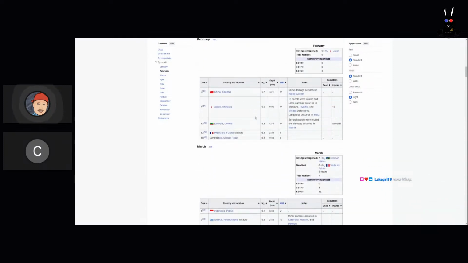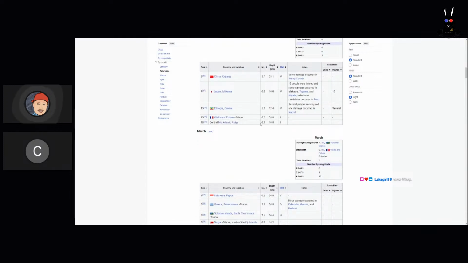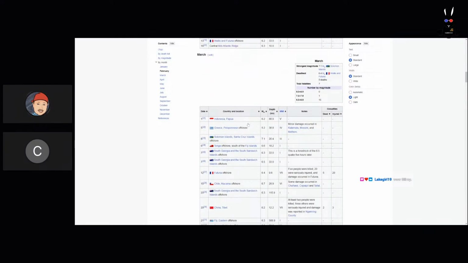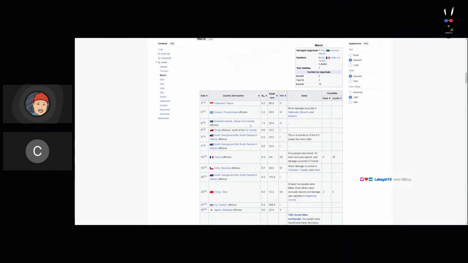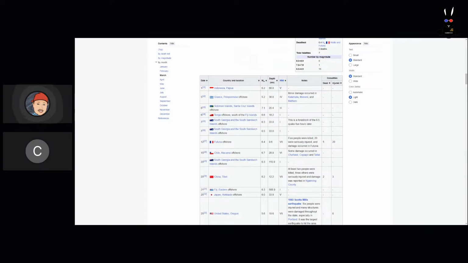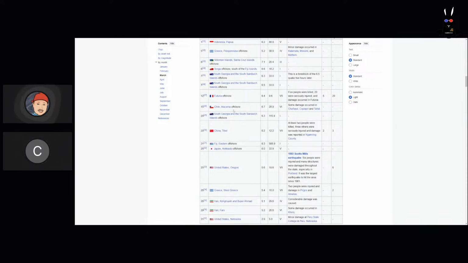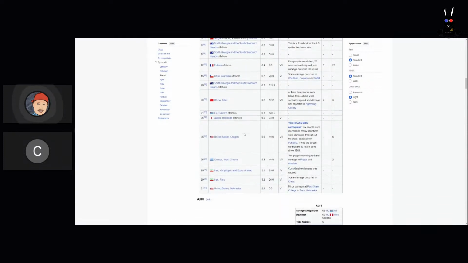Okay, now we're going into February. Central Mid-Atlantic Ridge had a 6.3. I don't know where Fortuna is. I think it's somewhere else. Here's Greece again. Oh yeah, Greece is a common thing. Yeah. Chile 6.7.